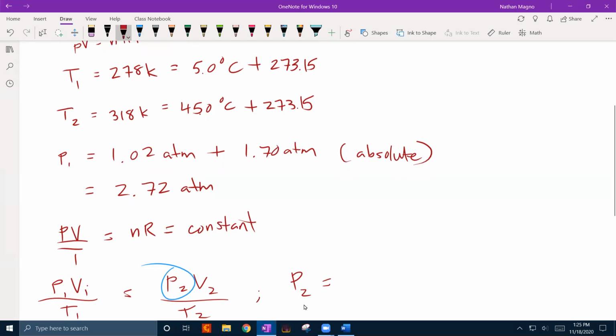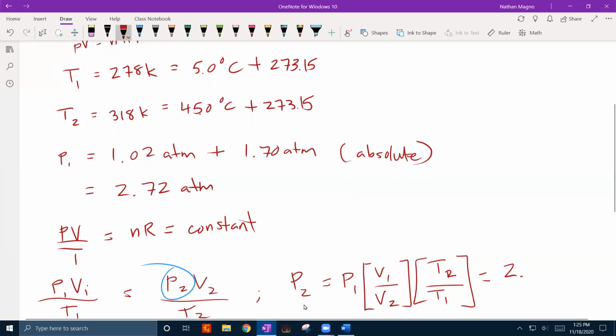P2 equals P1, just some algebra, times T2 over T1. And plugging in the numbers, you should get about 2.94 atm.